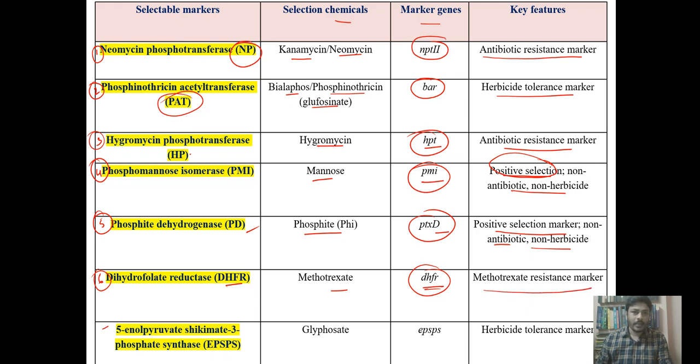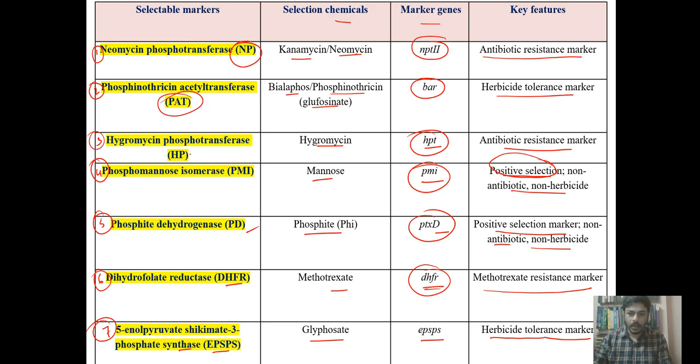And lastly, it is the 5-enolpyruvylshikimate-3-phosphate synthase, that is EPSPS. The selection chemical for this marker is glyphosate, and the marker gene for this selectable marker is EPSPS, and it is known as the herbicide tolerance marker.